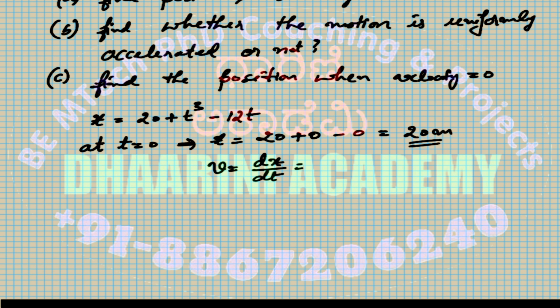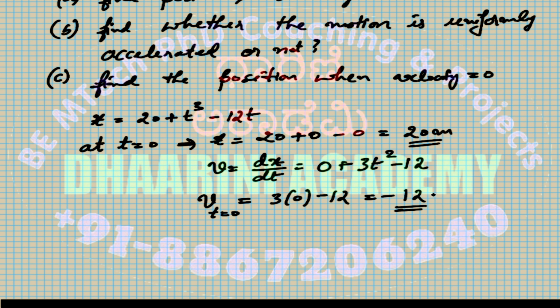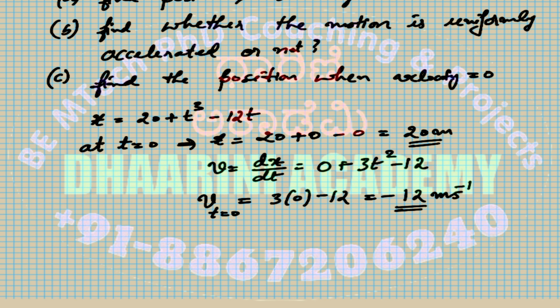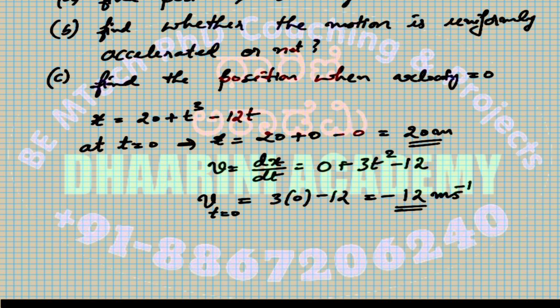So 20 differentiation is 0, plus t cube differentiation is 3t square, minus 12t differentiation is minus 12. So differentiate and put t equal to 0. So the velocity at t equal to 0 is nothing but 3 into 0 minus 12. So this is equal to minus 12 meters per second. So minus indicates that the object is moving towards the negative x-axis.